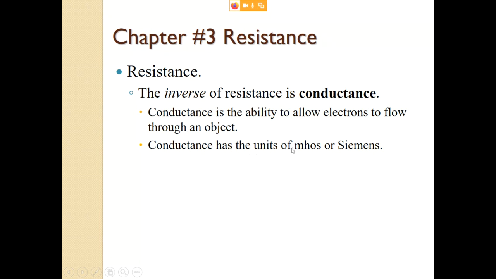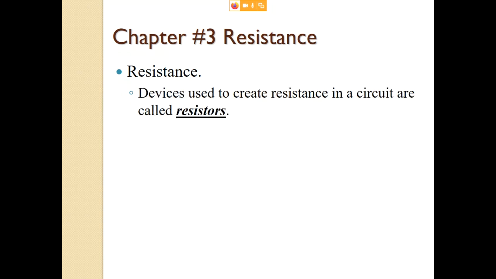They used to use the term mhos, which is ohms spelled backwards, as the unit for that. But they've come up with a new name, which is called Siemens. You may have heard of the German company Siemens. It's kind of like that, but it's actually named after a scientist again, so it's a capital S. So Siemens is the unit of conductance, which is the reciprocal of the ohm.